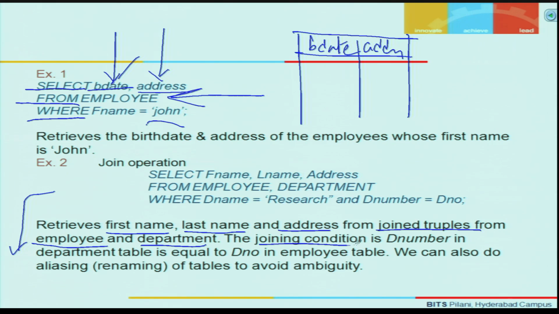The joining condition is the D number in the department table is equal to DNO in the employee table, and we also want to figure out the details for the employees who are working with the department whose D name is equal to research. That means for the research department employees, I would like to figure out the first name, last name and address. This is how I can specify it.